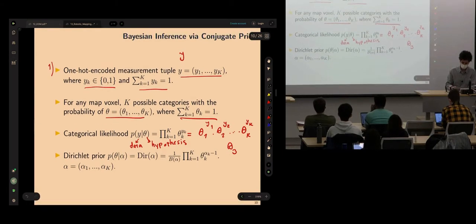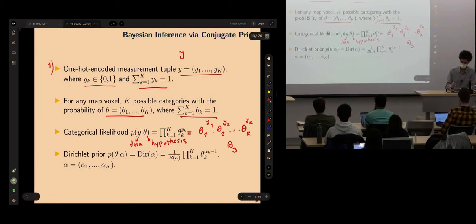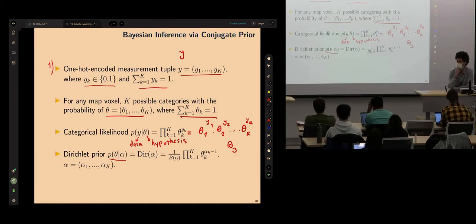So that's the likelihood. The Dirichlet distribution is the probability of the parameter, or posterior parameter, given data. This is the prior. We still don't have data, but this is just to emphasize that there are some hyperparameters, and that's how we are modeling the distribution.